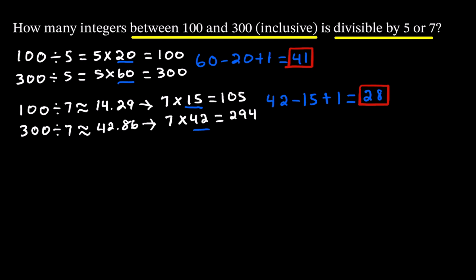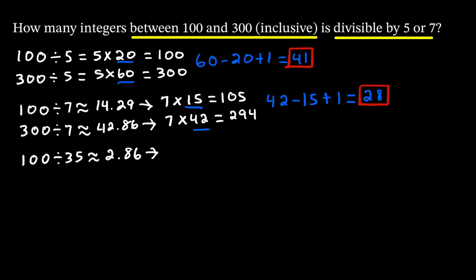So let's go ahead and start. We have 100 divided by 35, and this is approximately 2.86.